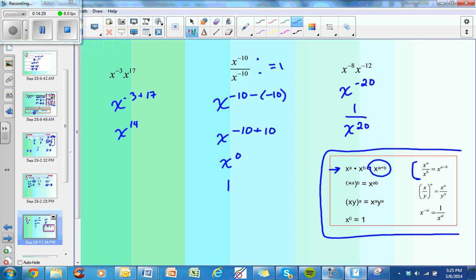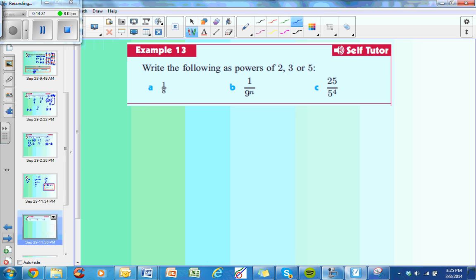Okay, we have just a handful more. If I want to write these with just powers of 2, 3, or 5, 8 is 2 to the power of 3, so 1 divided by 2 cubed. I can take this out of the denominator and write that as a negative exponent.